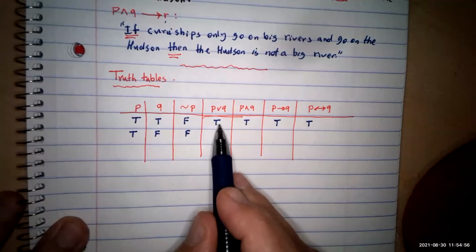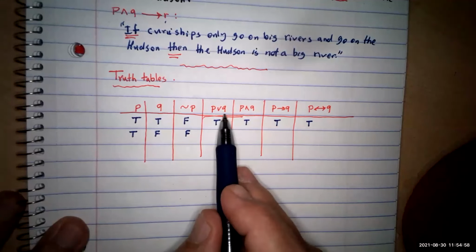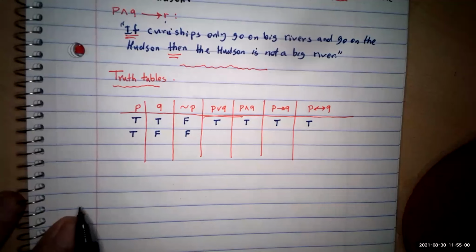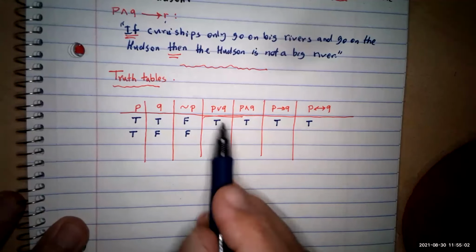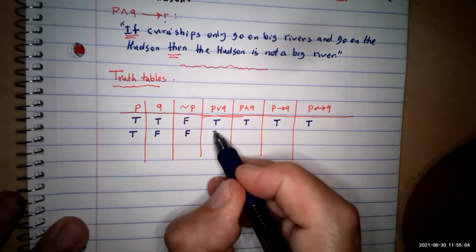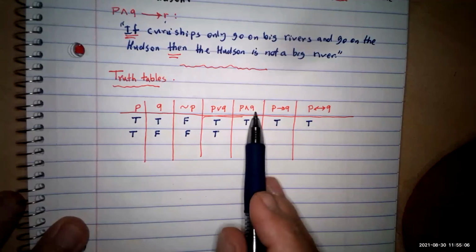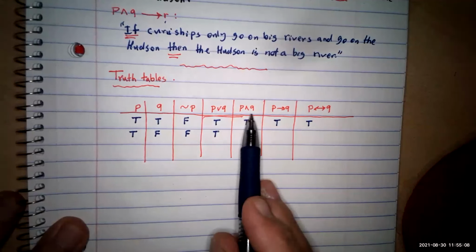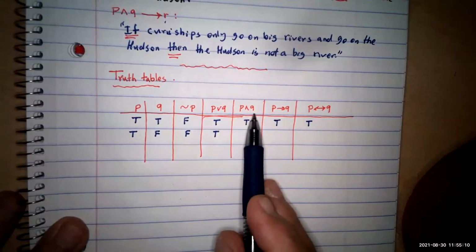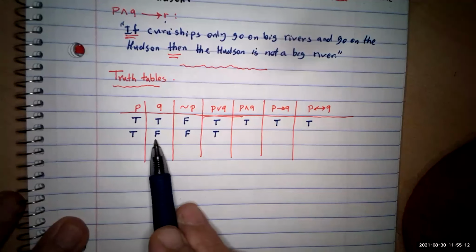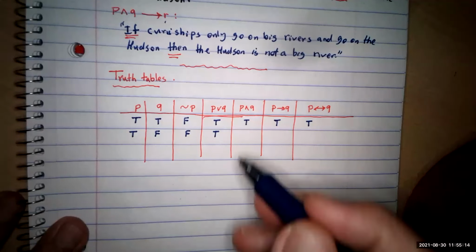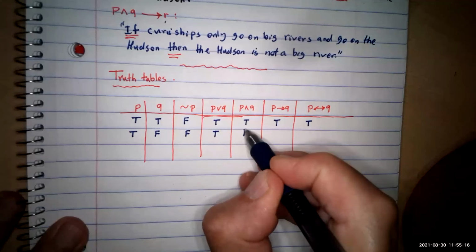P or Q would be true if at least one of them is true. Since P is true, this would be true. P and Q would be true if both of them are true. But one of them is true, the other one is false, so this would be false.